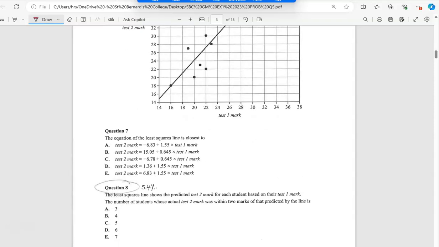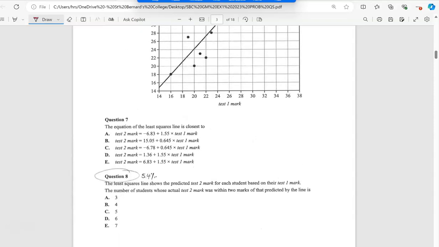All right, now the next one here was actually question 8. So the least squares line shows the predicted test marks for test 2 for each student on their test 1. Okay, so the number of students whose actual test mark is within 2 marks of the predicted line.